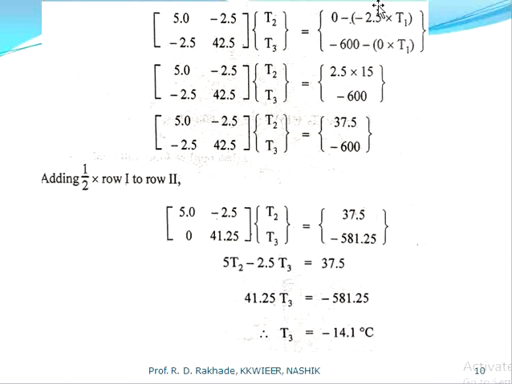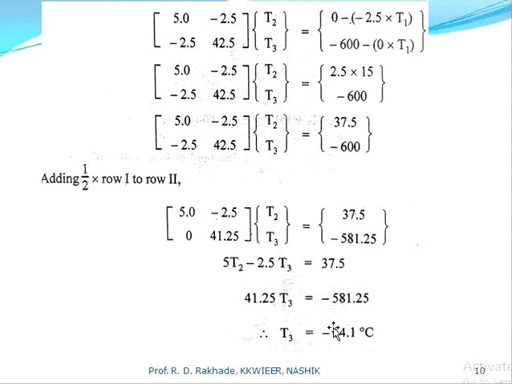Okay, so in this way we simplify this matrix as it is, this one as it is, this one we know the value of T1. So here, last equation, 37.5 and minus 600. So now we can easily calculate T2 and T3 by simultaneous equations.